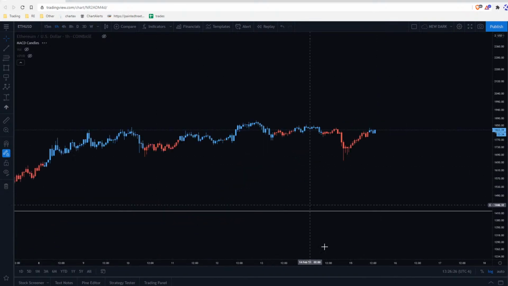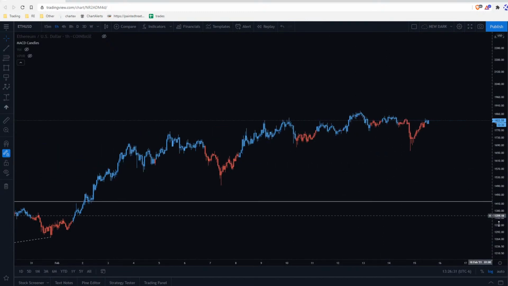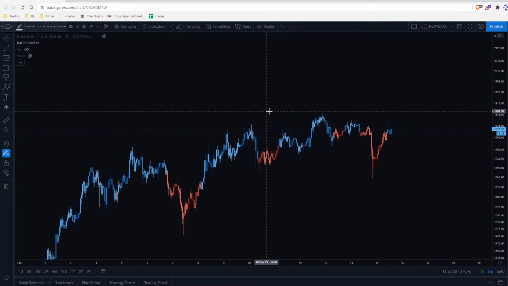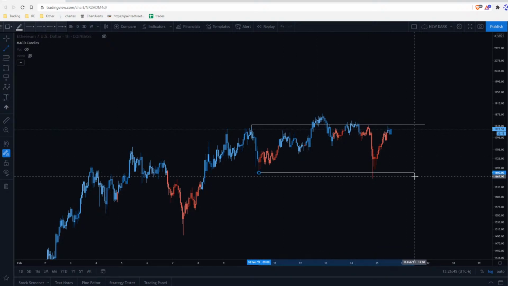If we go down to the 1 hour, we can do that same technique on the lower time frames where we've got really a range high here. Low here. The low was swept. And we started ranging right back here, right?